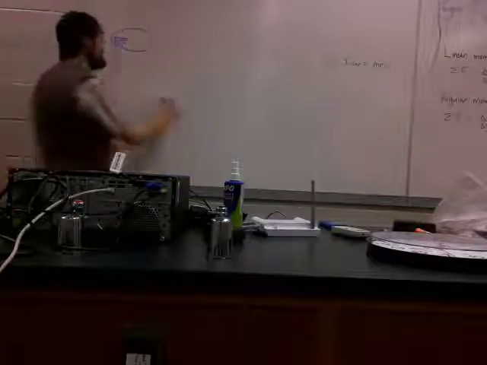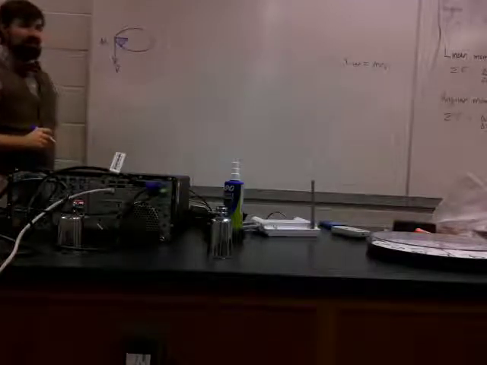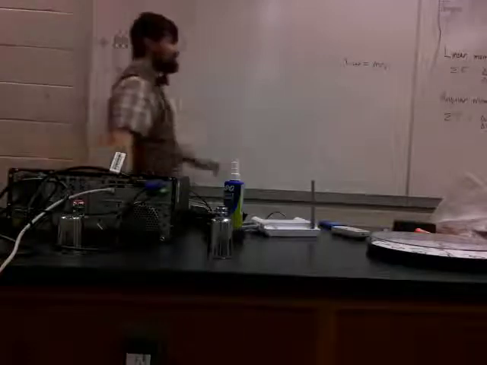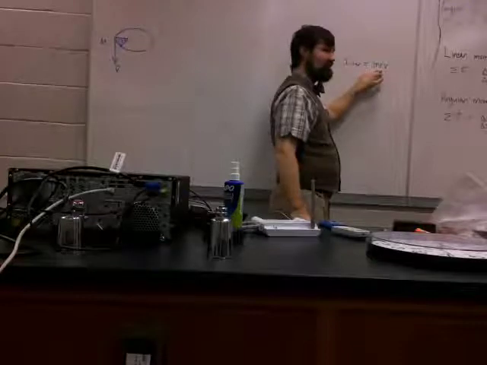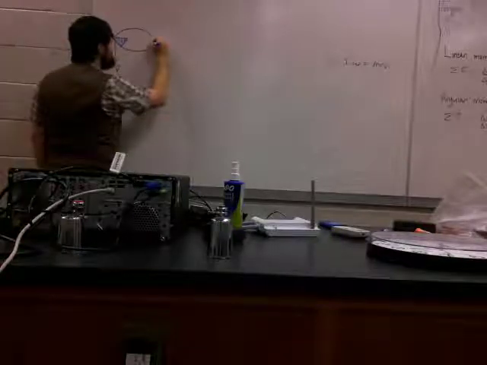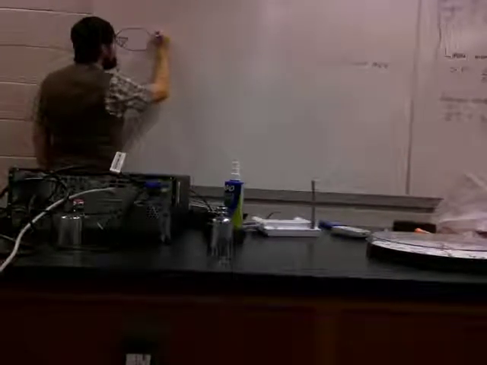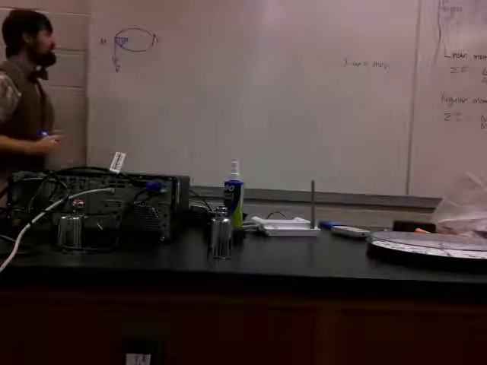Now we go over here where we're somewhere far away from the star. If you're far away from the star, that means that r has gotten to be big, and therefore v has gotten to be small. So now we draw, and this is a little bit of an exaggeration, v like this.